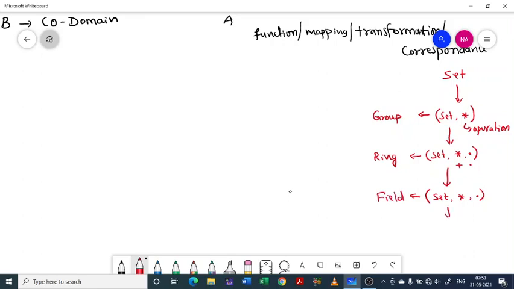Then we will be having a set, operation, 2 operations on a field. So 2 sets and 2 operations, and this is called a vector space.